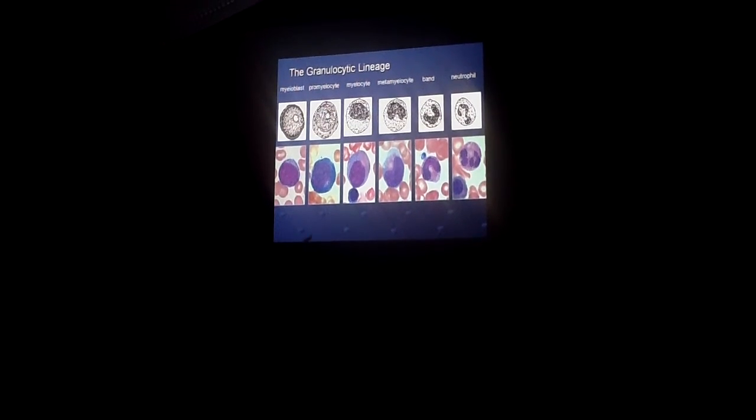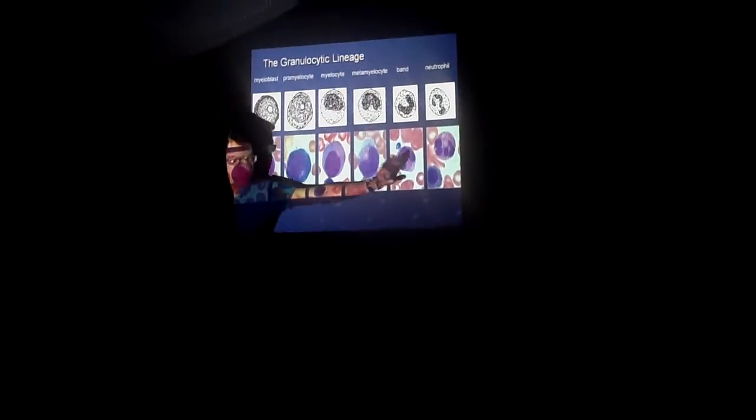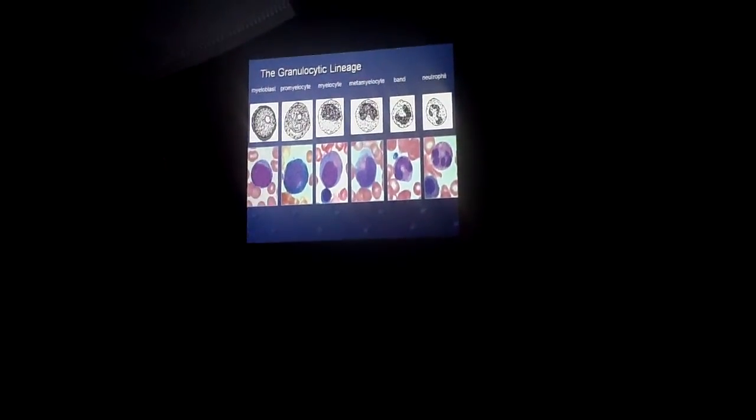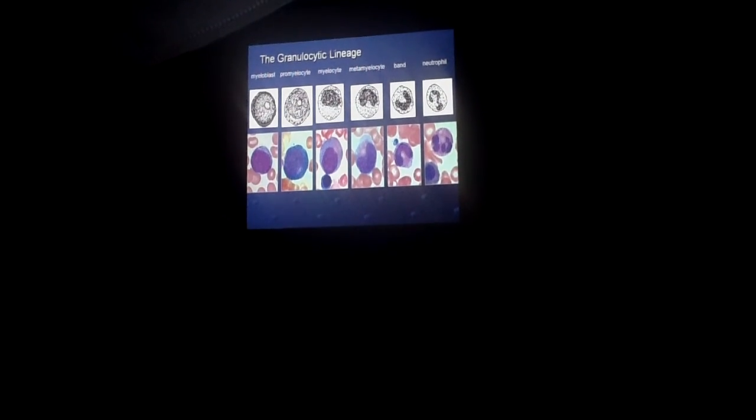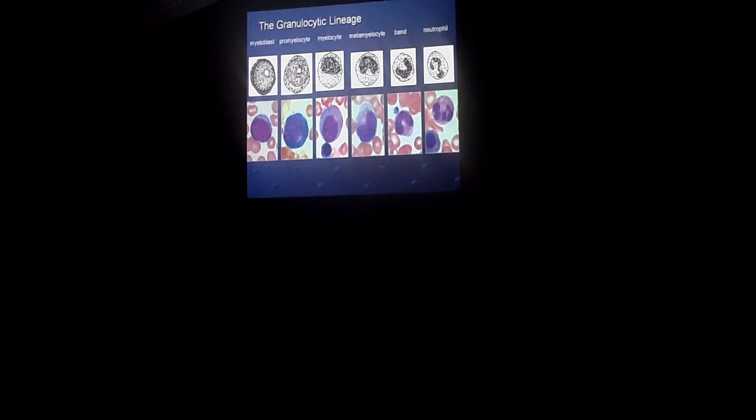And then, aside from the granulocytes, this series or lineage, natawag siyang lineage because dito natin makikita ang production or maturation ng blood cell from its stem cell or precursor cell up to the mature form.